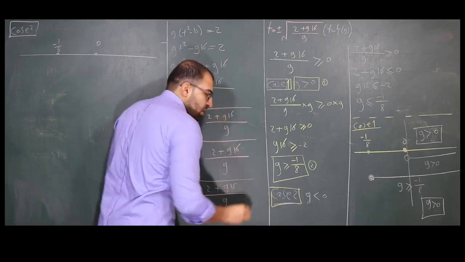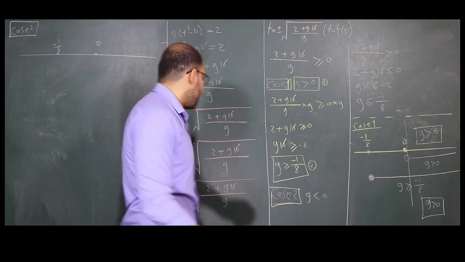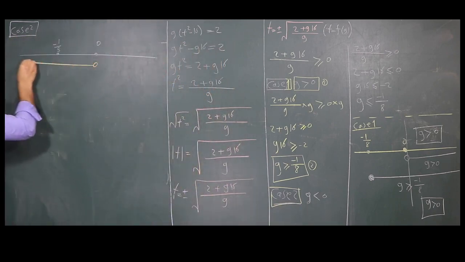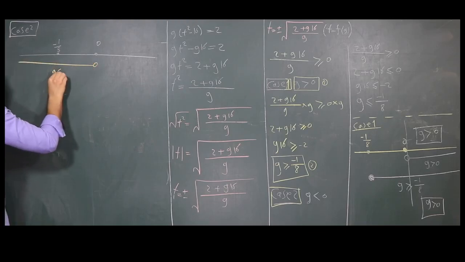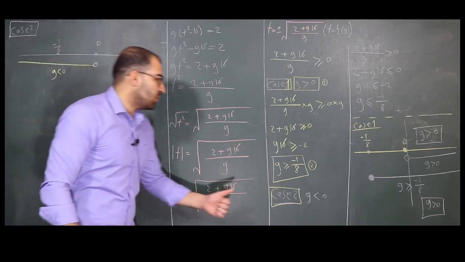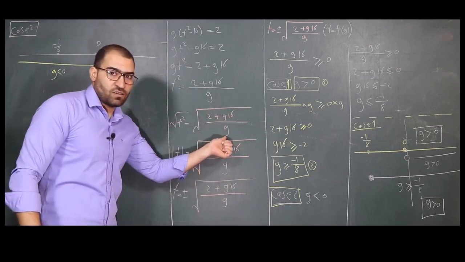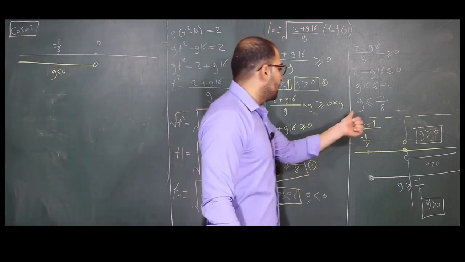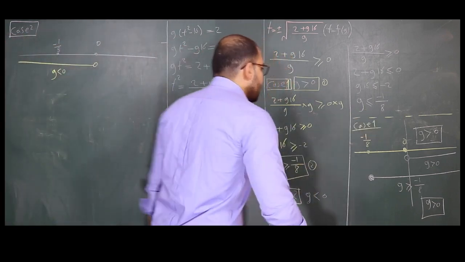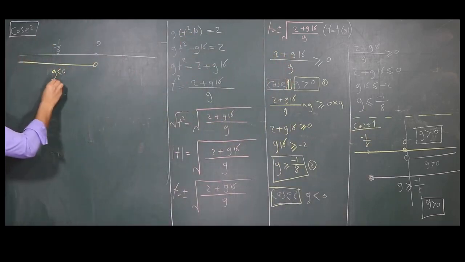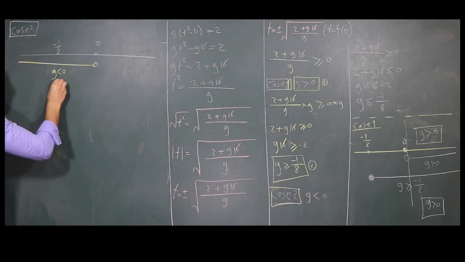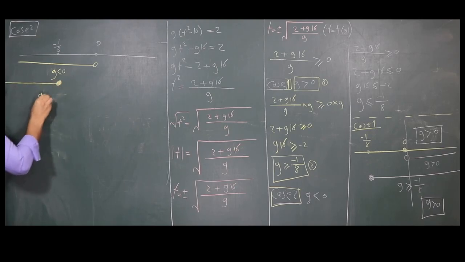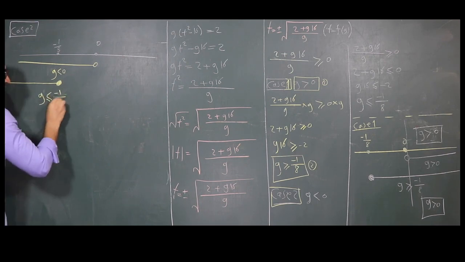Condition 1, g is less than 0. It cannot equal 0 because I have g in the denominator. I can't put a 0. And the result that I got from it is g less than or equal to minus 1 divided by 8.